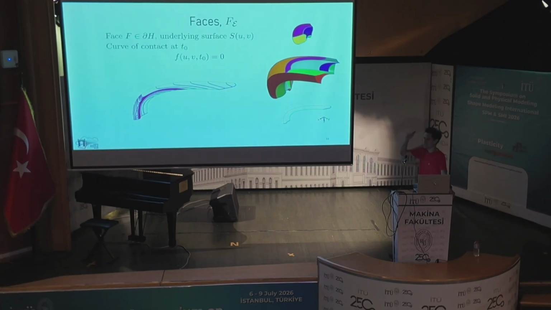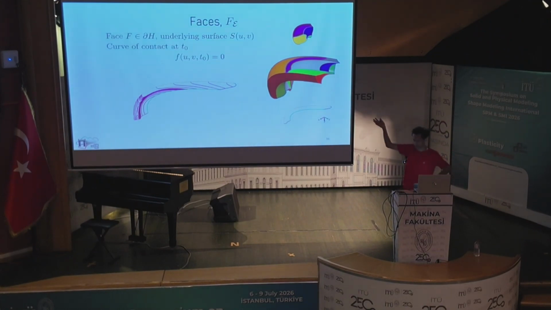Let's say you computed n curves of contact for n different time instances, and on each curve of contact, you obtained m points. So you have a rectangular grid of m by n points, which you use as control points for fitting a B-spline surface, and that surface is then trimmed by this wireframe, the co-edges which we already computed.